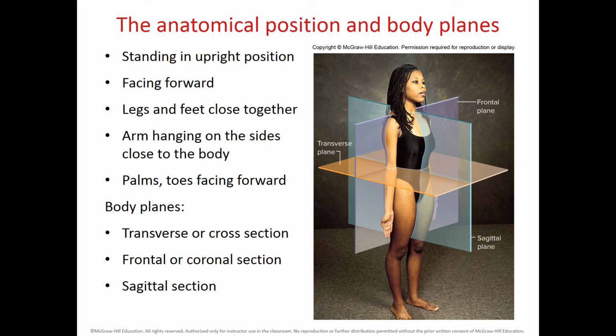And this sagittal plane can divide the body into two lateral regions, one that is left and one that is right. And if that sagittal plane or section runs in the mid part of the body, that will be mid-sagittal, but if it runs on one side or the other, that will be called parasagittal.